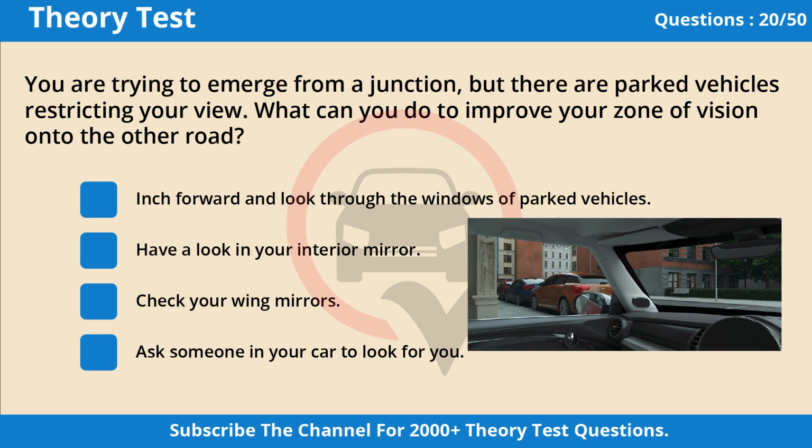Question 20. You are trying to emerge from a junction, but there are parked vehicles restricting your view. What can you do to improve your zone of vision onto the other road?